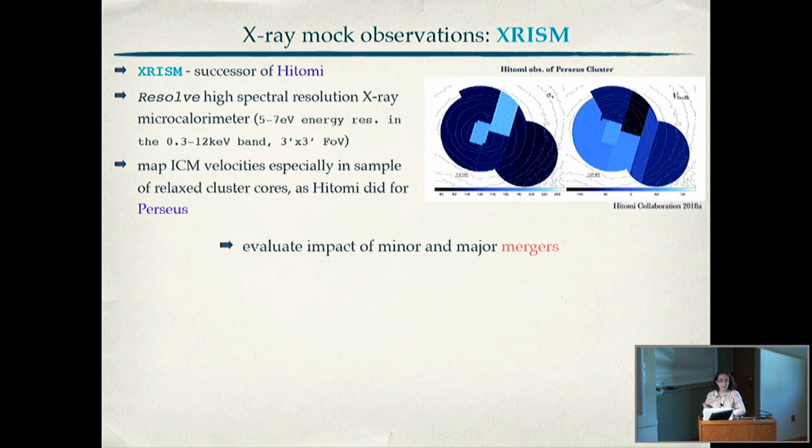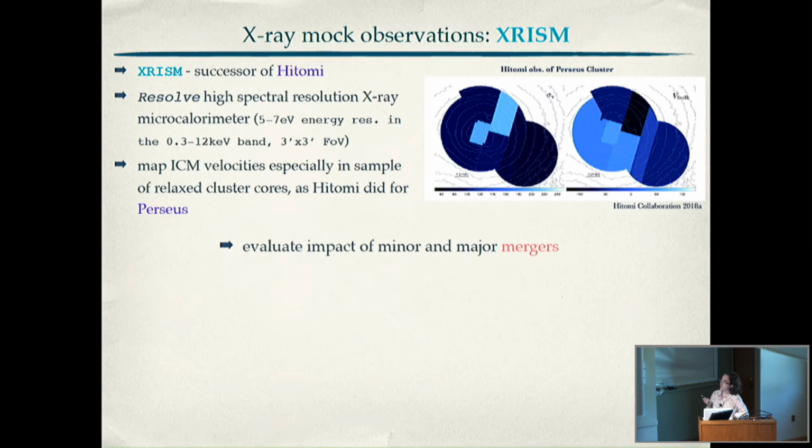So to do the next step and move to mock X-ray observations, we decided to adopt the specific characteristics of GRISM, which is the next in line among the different high-resolution missions, basically the successor of HEA. It has a quite high spectral resolution with the Resolve instrument, between 5 and 7 eV over a quite wide energy band.